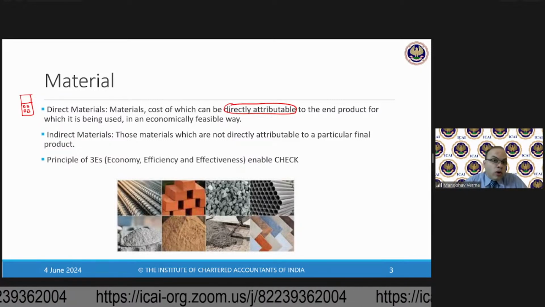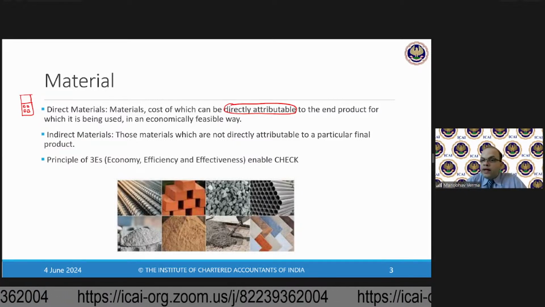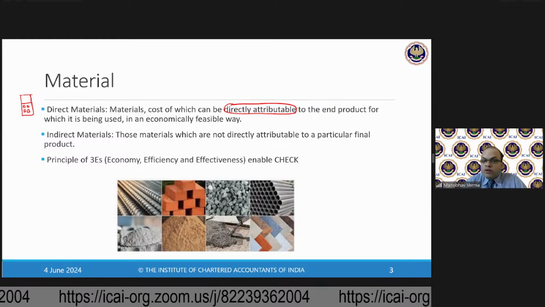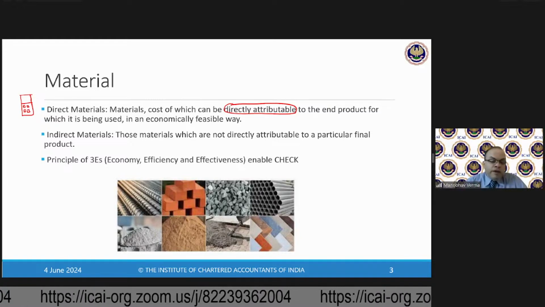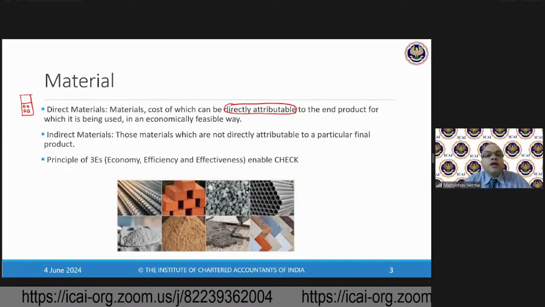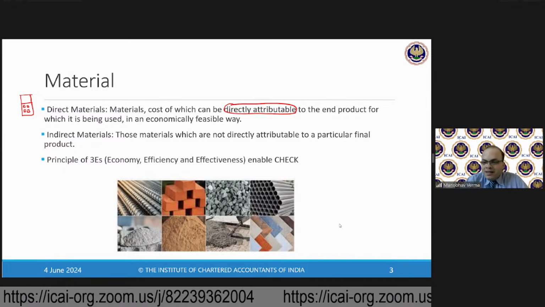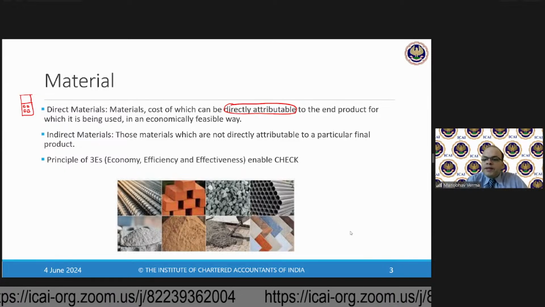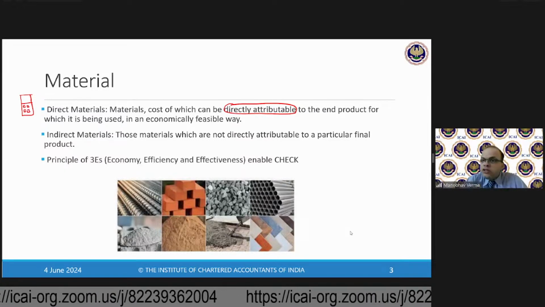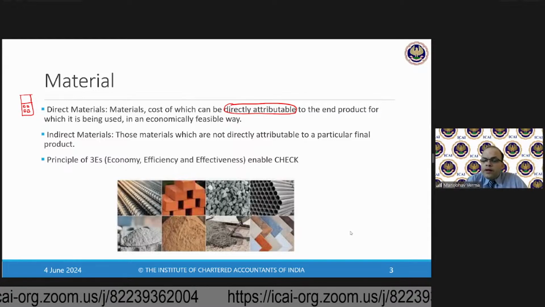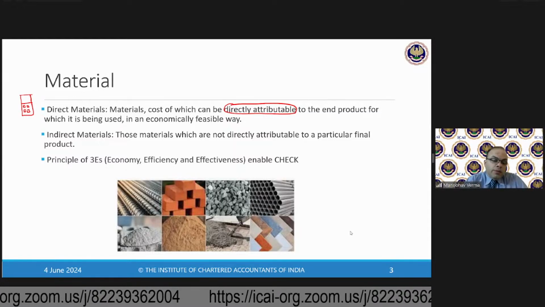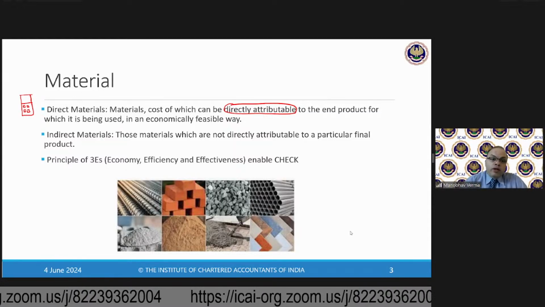At the end of the day, we are talking about, remember, material, labor, and overhead, right, as the three elements of the cost. And from a control perspective, please understand this. These are the three terms we will be discussing even in our subsequent sessions for labor and for other expenses. The principle of three E's, very, very important here.